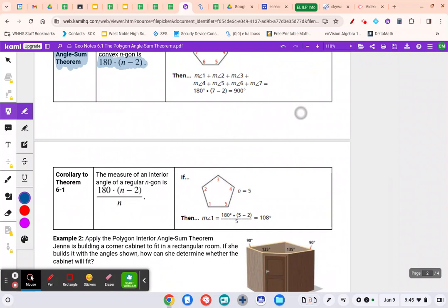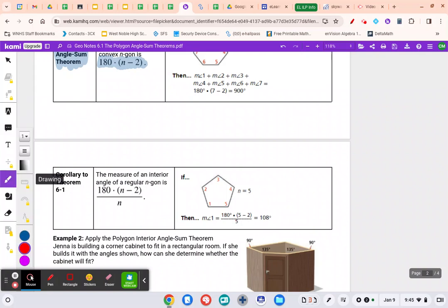If the measures of the interior angle of a regular n-gon, regular just means that it's all exactly the same, okay? You can actually figure out what each interior angle is. So regular means all angles are the same degree.